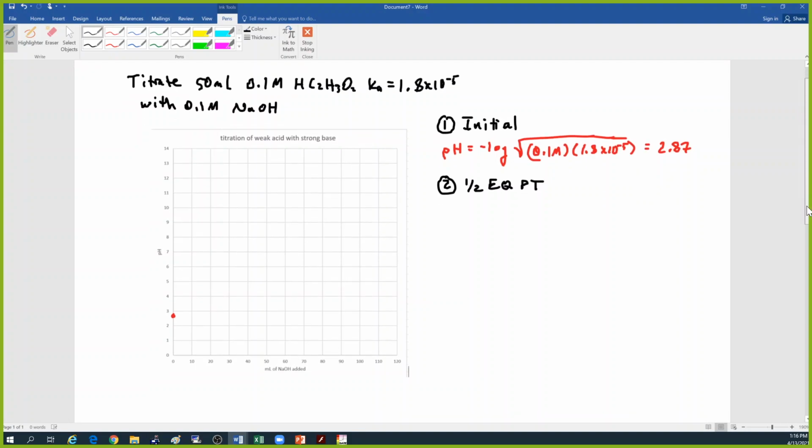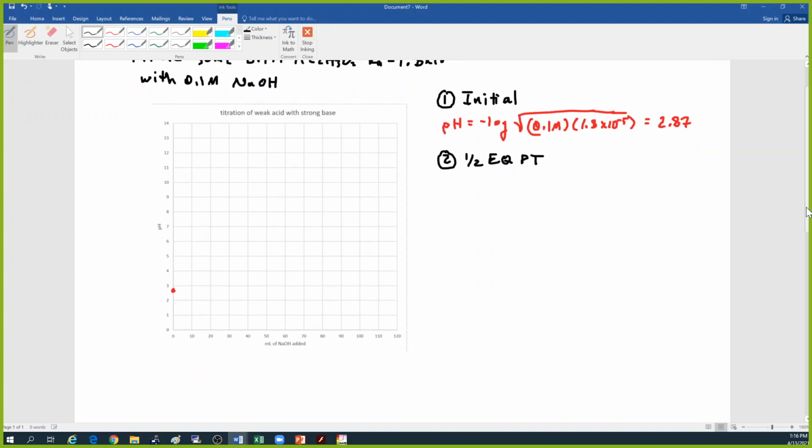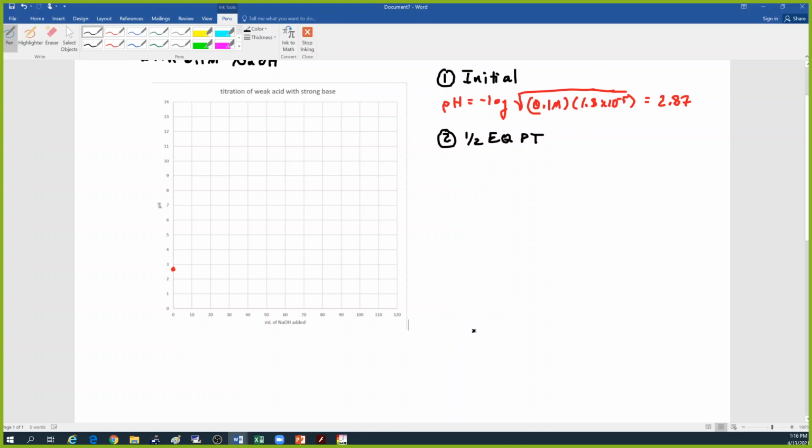So I'm going to set up an equation at the bottom to work from consistently: weak acid plus strong base makes weak conjugate base plus water. And I want to work in millimoles just because it makes life easier.